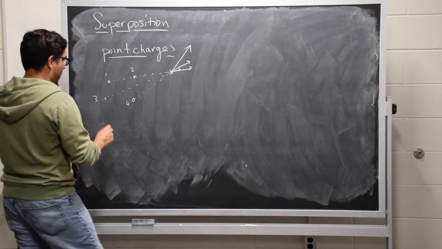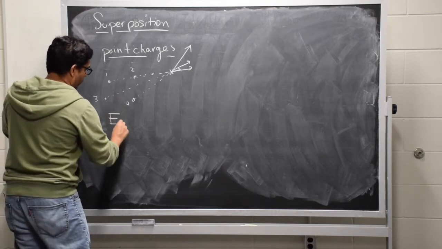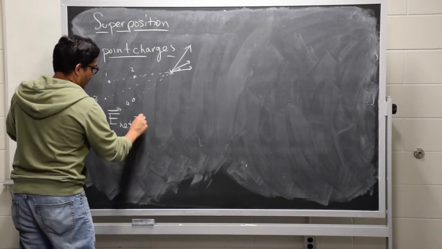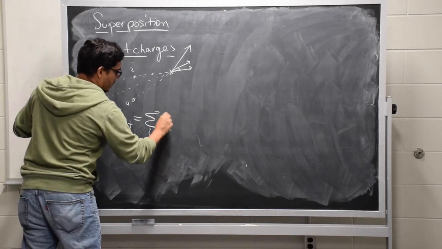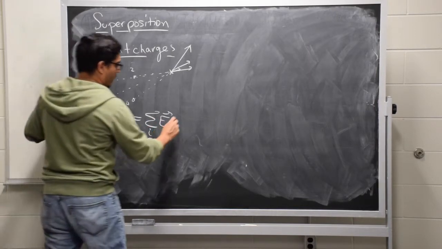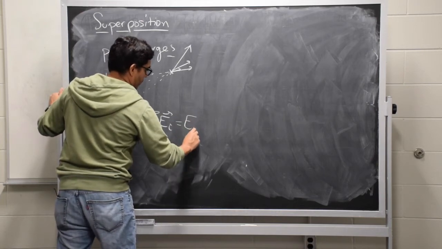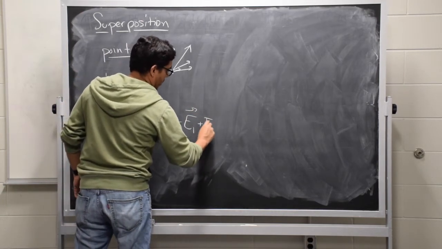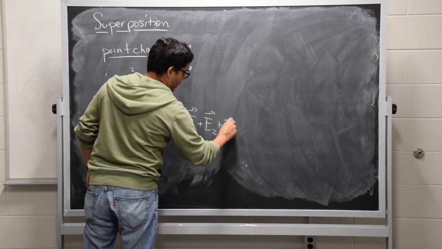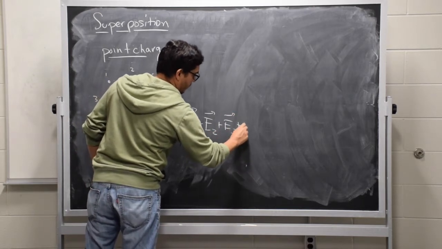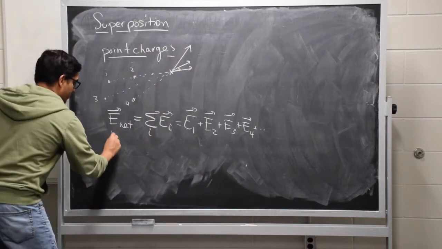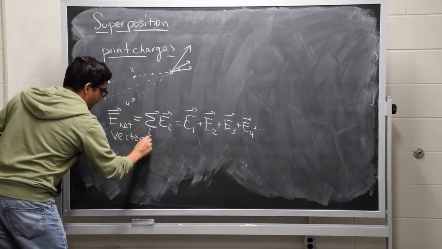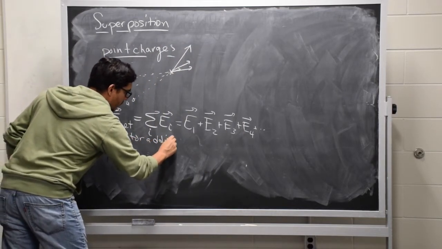We'll do that mathematically by saying that superposition of the electric field is essentially the sum of all the individual electric fields due to all the point charges. So explicitly, it's like writing down E1 plus E2 plus E3 plus E4 plus anything else you have. So it's basically just vector addition. That's really all we're doing.